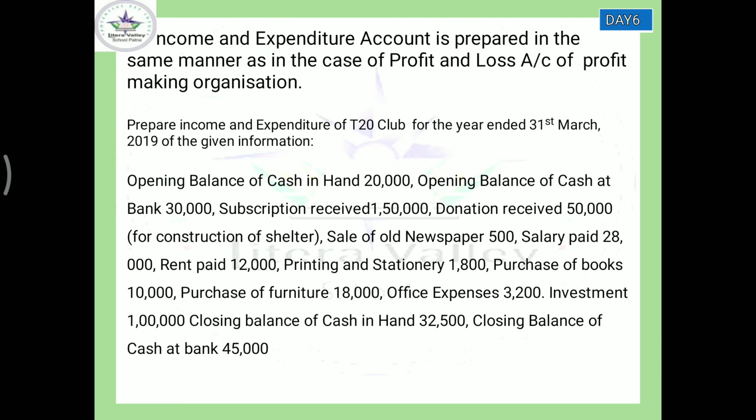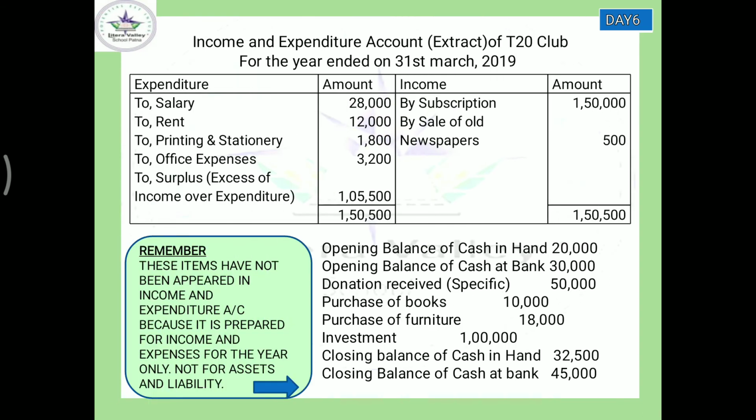Now you can notice how these items will appear here, in the income and expenditure account of T20 club. Coming to the expenditure side first: salary 28,000, rent 12,000, printing and stationery 1,800, office expenses 3,200.